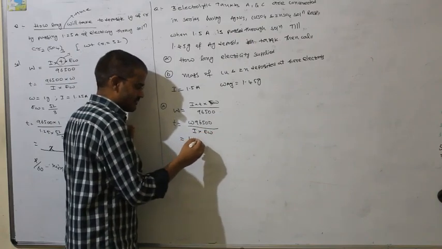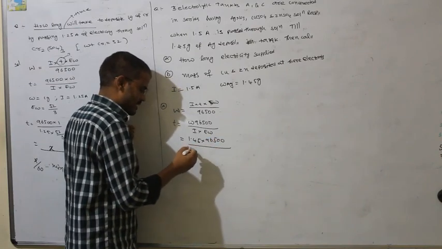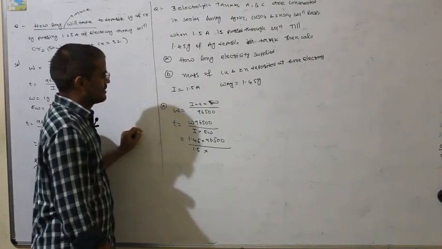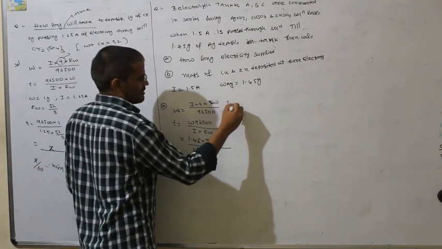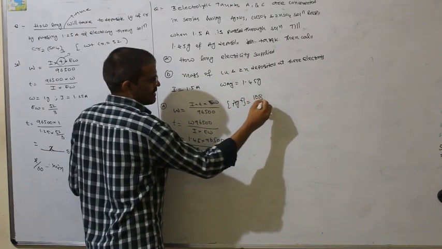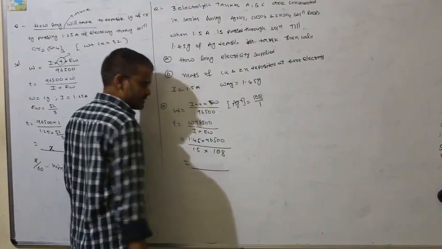So 1.45 grams deposited into 96500 by the ampere supplied, 1.5, into equivalent weight. Silver nitrate means Ag plus only, so equivalent weight is 108 by 1, which is equal to 108. This is how the time will come.